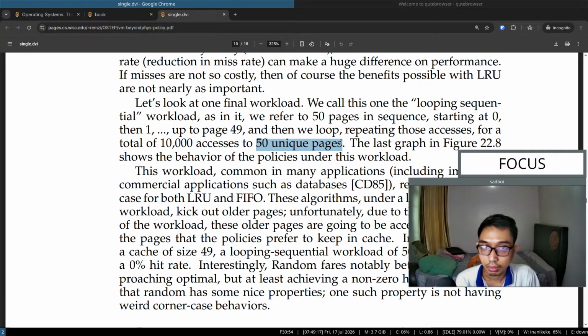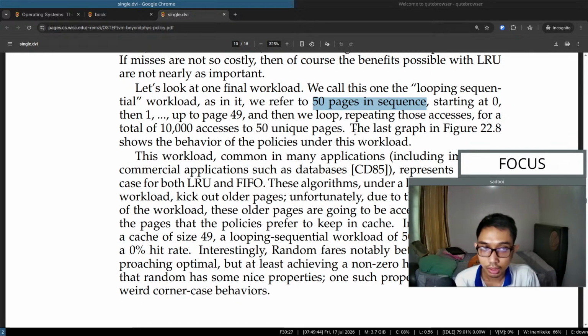So instead of 100 unique pages, like the two previous examples, now we only have 50 unique pages, but we are doing a looping here. We iterate these 50 pages in sequence, right?